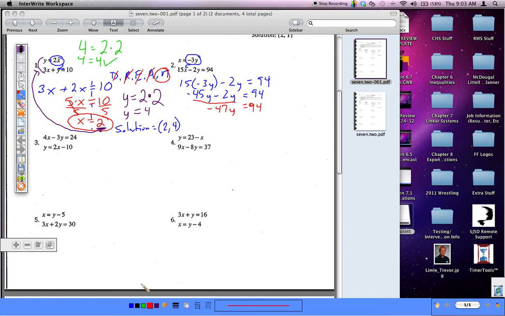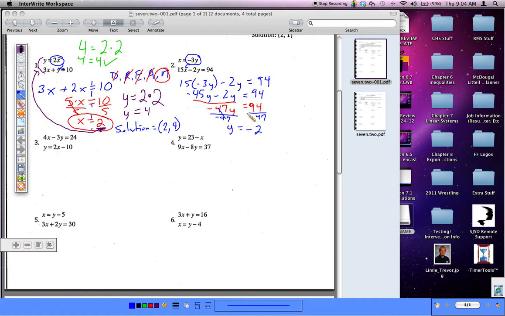And at this point, we're on to our last step. Hopefully you can see that that is division. And what we need to divide by is going to be negative 47. Divide by negative 47. And then 94 divided by negative 47 is going to leave us with y equal to negative 2.